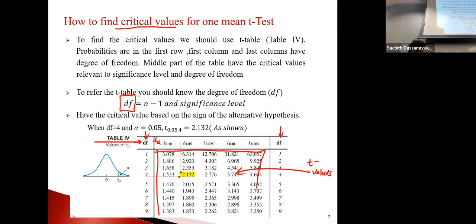Can you see the difference between the Z table and the T table? In the Z table, in the body part, you can find the areas. But here, in the body, you can find T values. That's why those values are like 31 point something, huge values when you are comparing with the Z table. But the first row gives you the probability value, area under the curve.